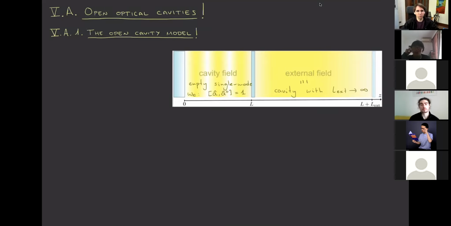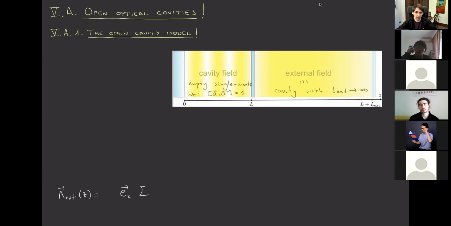The first thing to note is, of course, let me maybe write it. The external field, I will use here the vector potential A, and I will call it vector potential external for the external field. And this is equal to, it will have some polarization that I take as in the x direction.